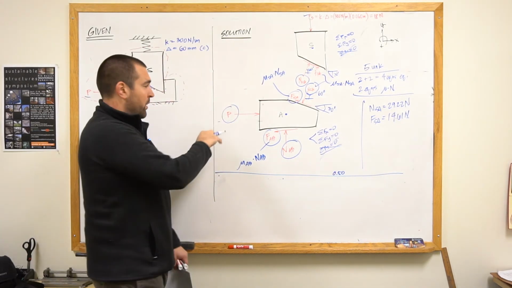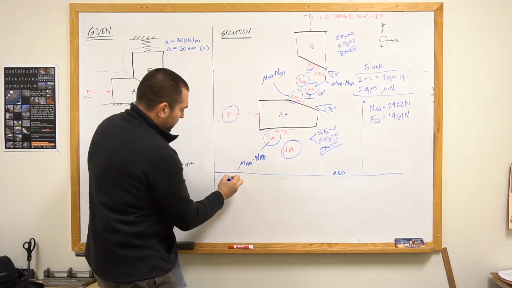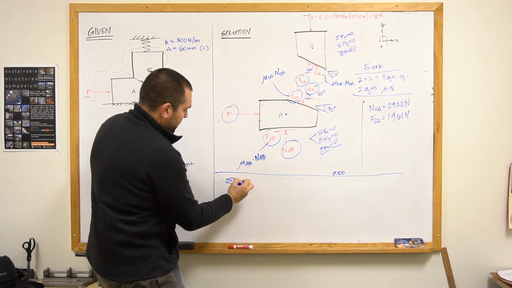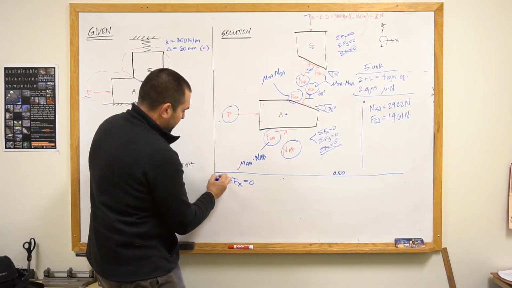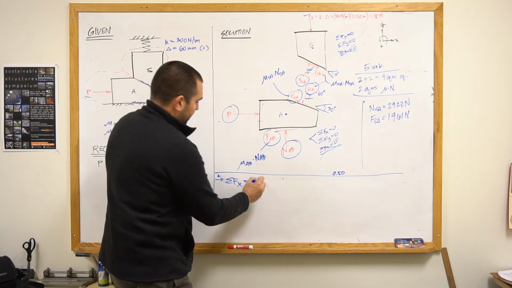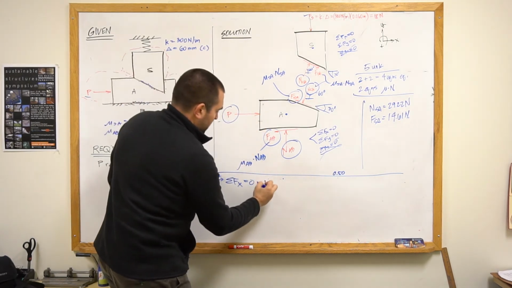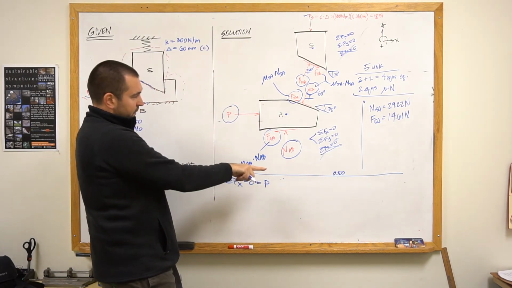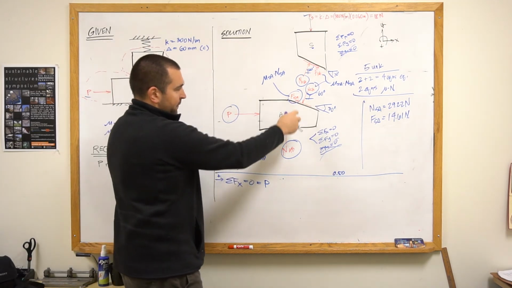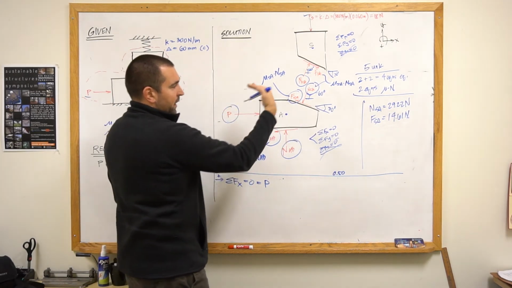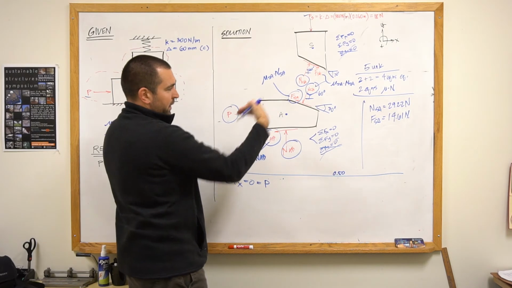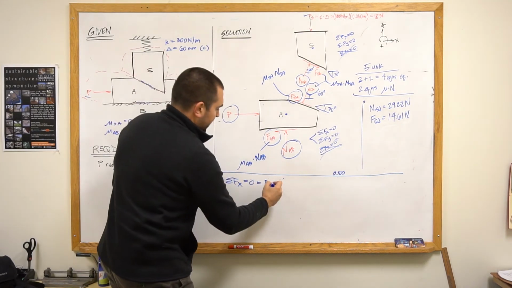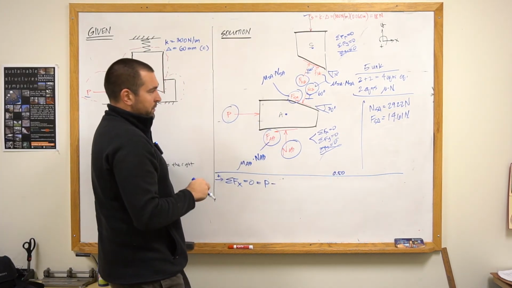P will only show up in the horizontal equilibrium equation. Sum of the forces in the x direction is equal to 0. And I get P going to the right, my positive x direction. Here I have FSA going to the left. It's inclined at 30 degrees, so I've got to multiply it times cosine 30 to get it acting in the pure x direction.